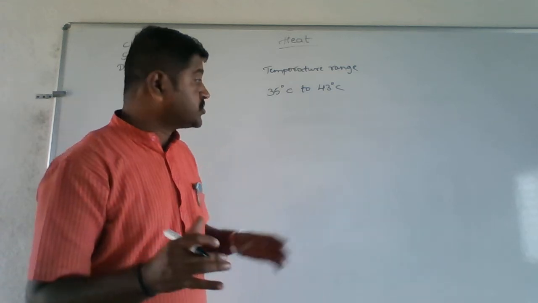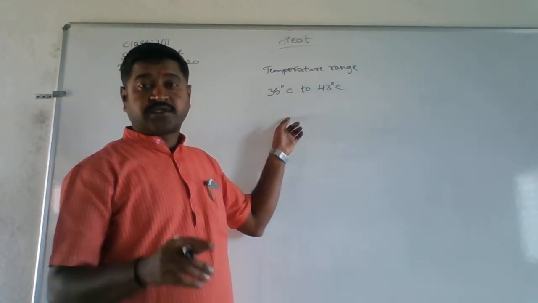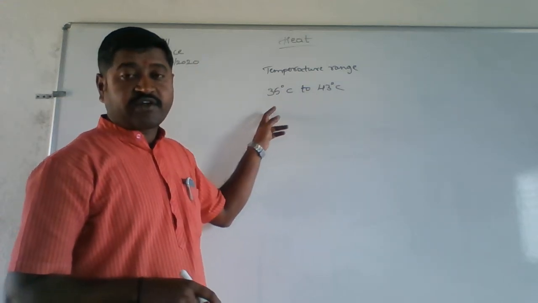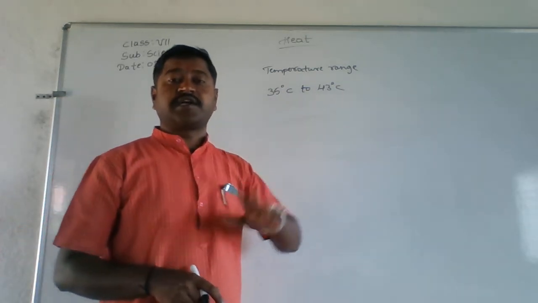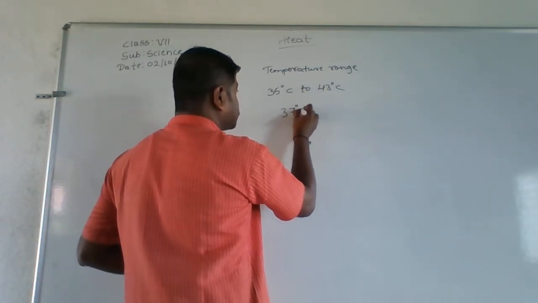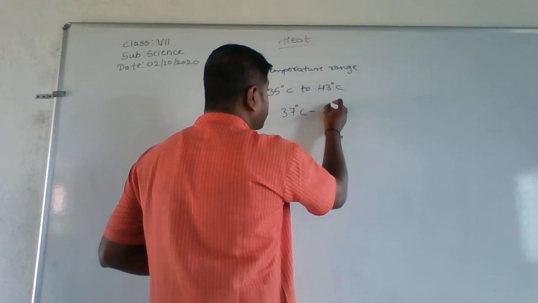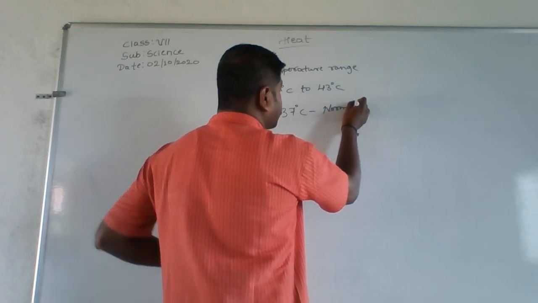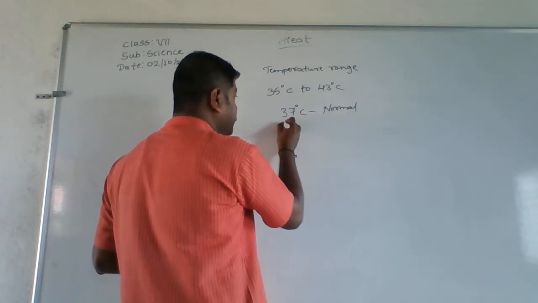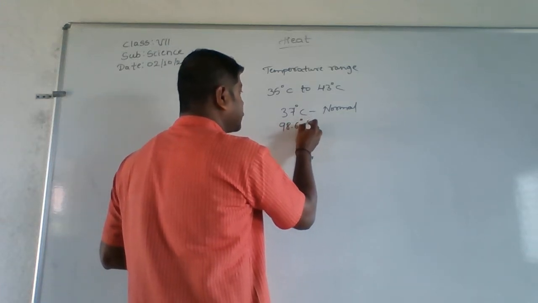Is that clear? So in clinical thermometers, we have a temperature range of 35 degrees Celsius to 43 degrees Celsius, where 37 degrees Celsius is the normal human body temperature. It is nothing but 98.6 degree Fahrenheit.